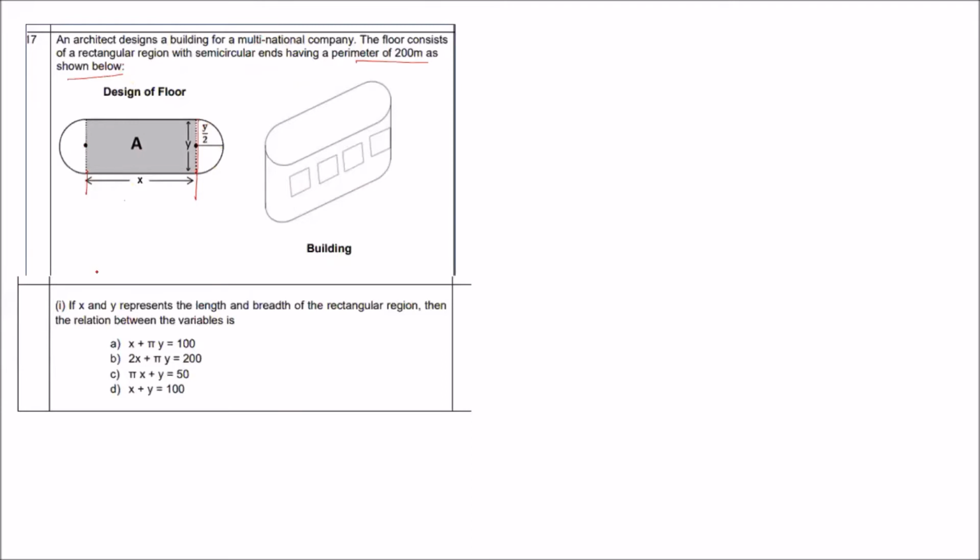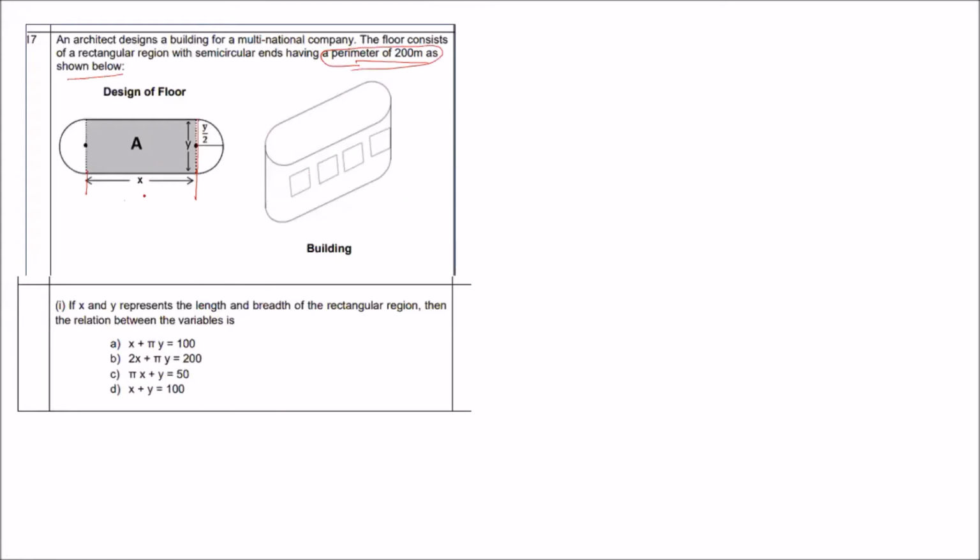Now coming to part 1 question. If x and y represent the length and breadth of the rectangular region, then the relation between the variables is... and how to get the relation, you will read what is given. Given is perimeter is 200 meters.